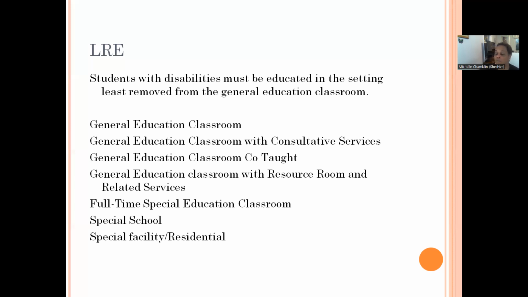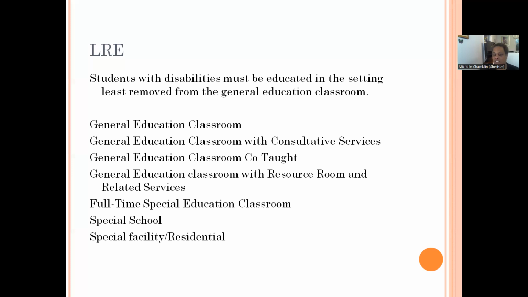That is more restrictive than a general education class. We then have a general education classroom that is co-taught with a general ed teacher and a special education teacher. Usually there's a teacher's aide, a paraprofessional, in the room. That becomes more restrictive than consultant services.